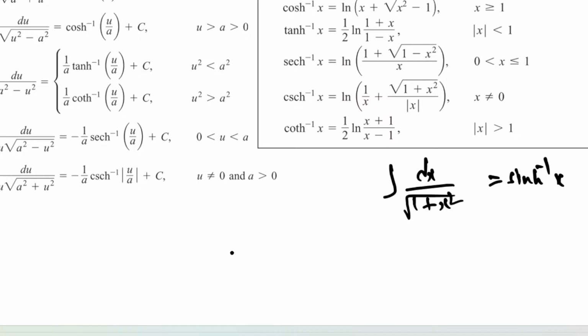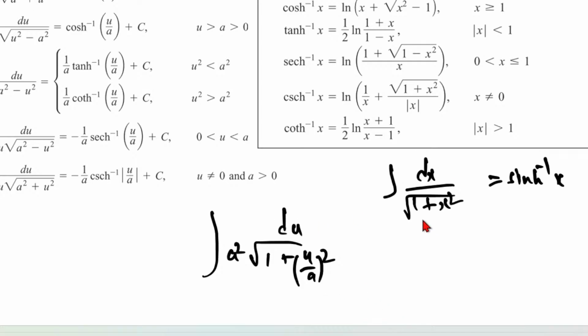You will write it as a square times 1 plus u by a whole square, du. Now u by a you can take as t, the substitution. Just try this. Understood? Try doing a small substitution and get this answer.